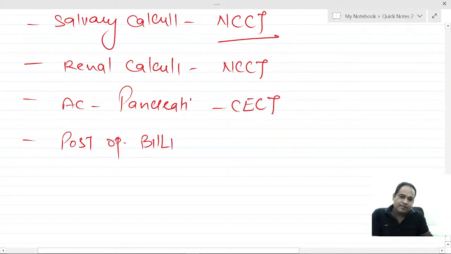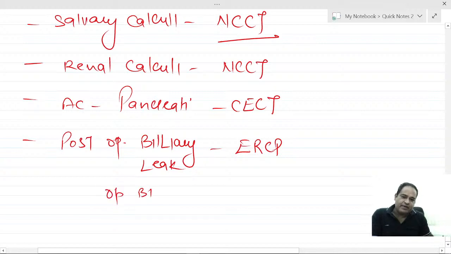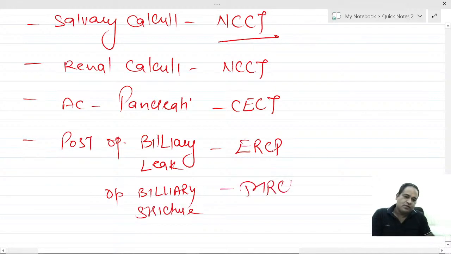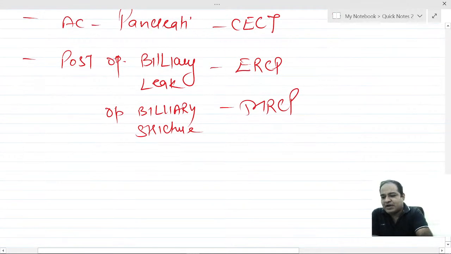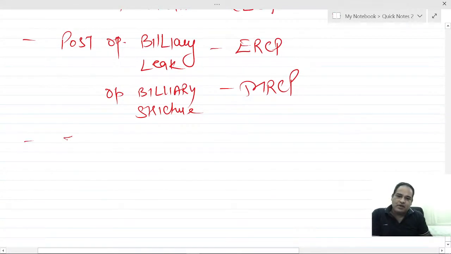Post-operative biliary leak, ERCP. Post-operative biliary stricture, it has to be MRCP.